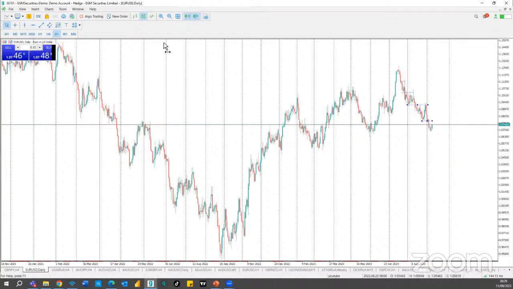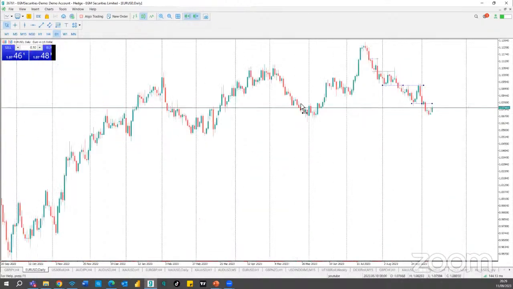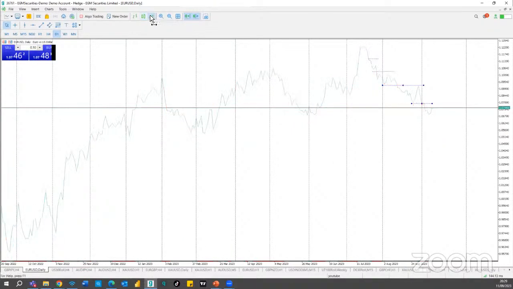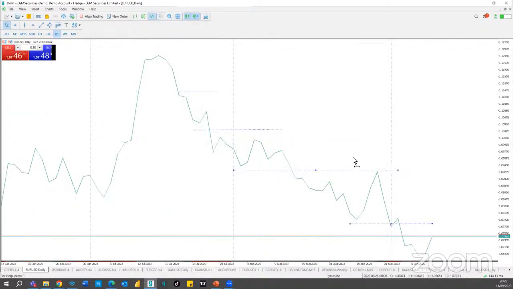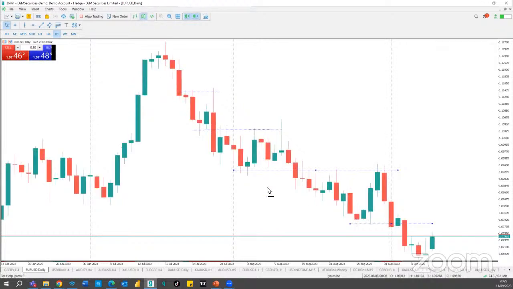From a daily perspective, if you want to get those levels much more easily, just use the line chart. What you want to check is a possible area of support turning into a resistance. Or you can even just do the candlesticks and you will see a possible area of support turning into resistance.